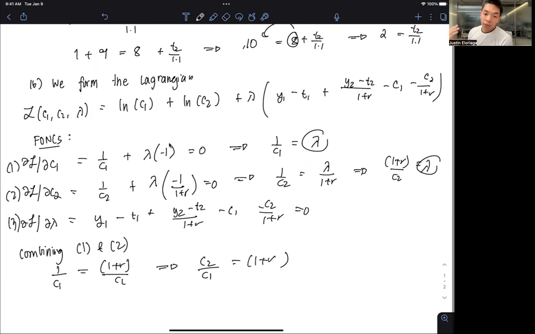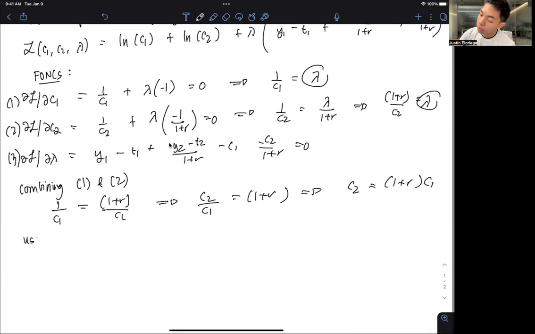Then what we can do is isolate one of these. So let's say we isolate C2. So we get C2 is equal to (1 plus R) times C1, right? So we have now C2 as a function of C1. Therefore, we can now plug it into our constraint, which is the third FOC, to be able to derive C1, right?